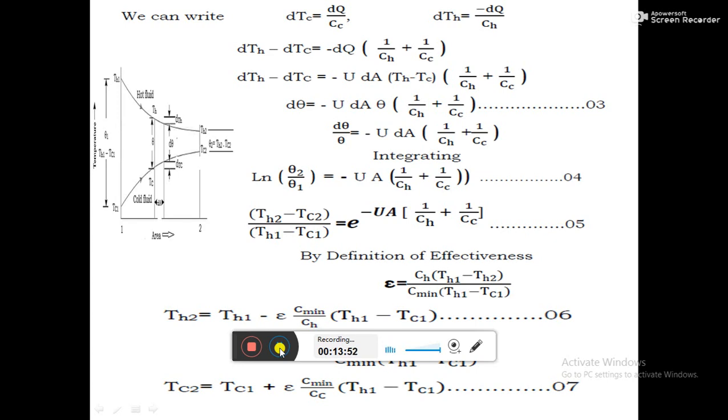Now substituting the values of theta 2 and theta 1: theta 2 is the temperature difference at the outlet of the heat exchanger, which is equal to Th2 minus Tc2, and theta 1 is the temperature difference at the inlet of the heat exchanger, which is Th1 minus Tc1.